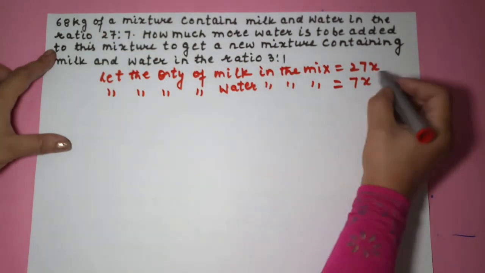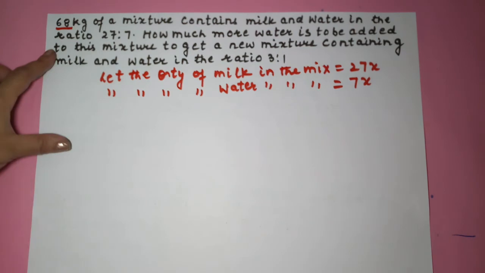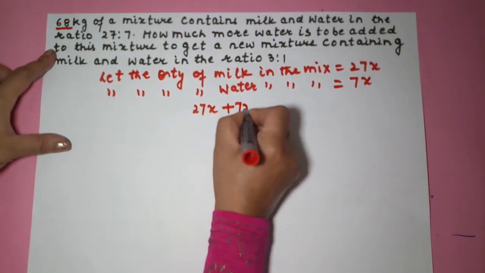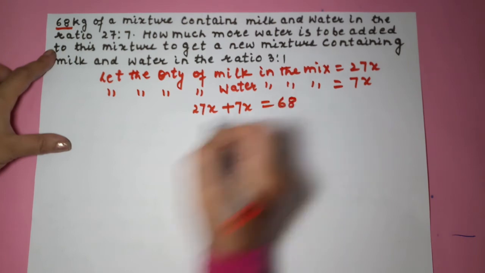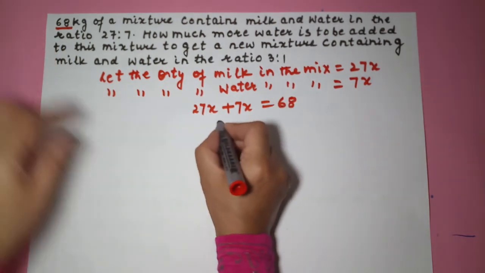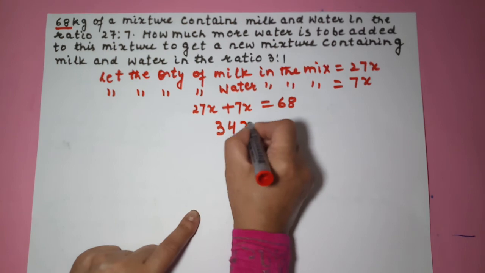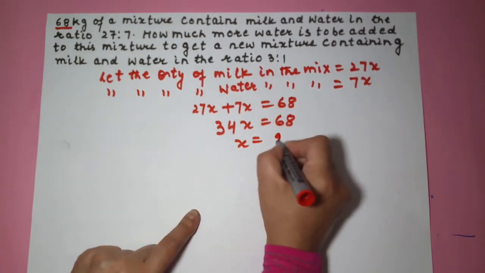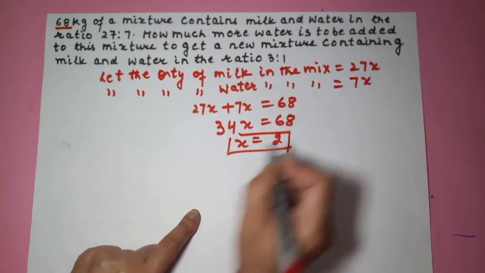Right? Now, total quantity is given to us. What does that mean? 27x plus 7x is equal to 68. So 34x is equal to 68. So you get x as 2. We got the value of x.